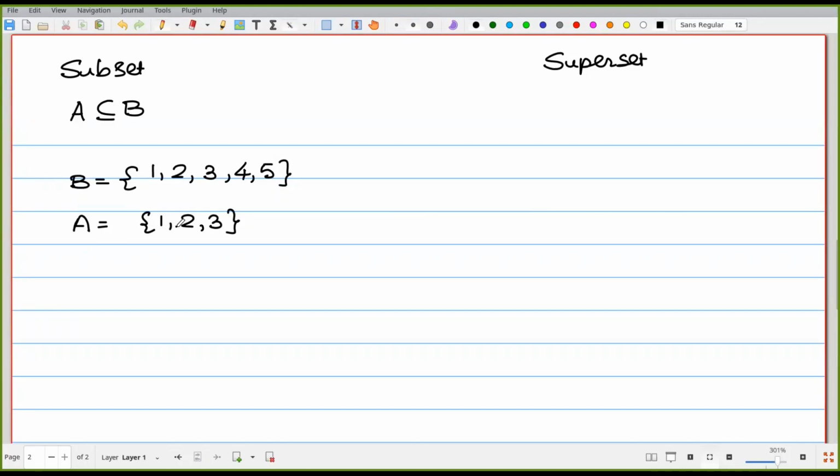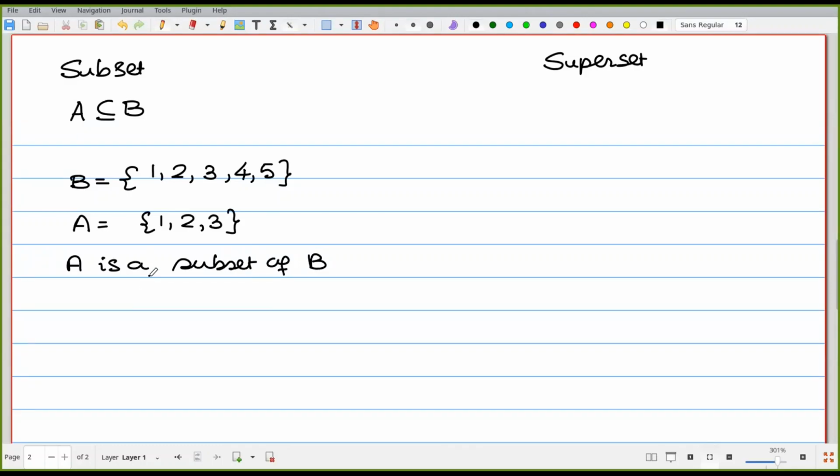These three elements are also present in set B. 1 is present in set B, 2 is present in both set A and set B, and 3 is present in both set A and set B. Now, some elements from set B have been taken and A has been formed. So in that case, we can say A is a subset of B.